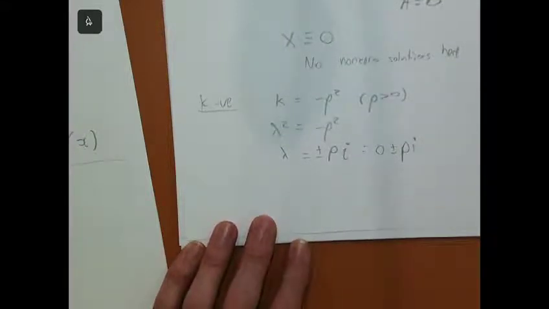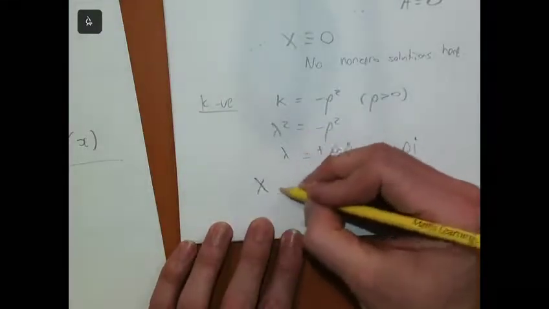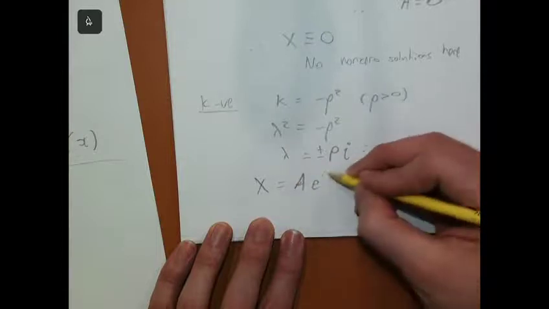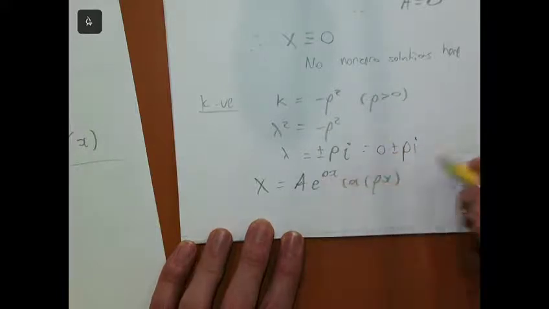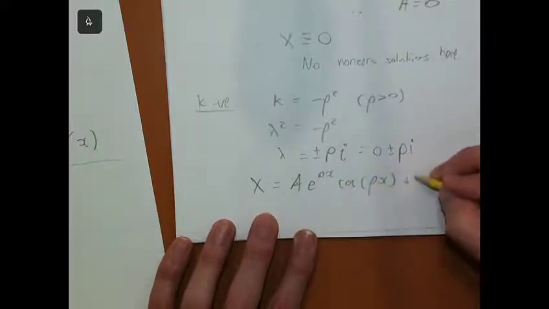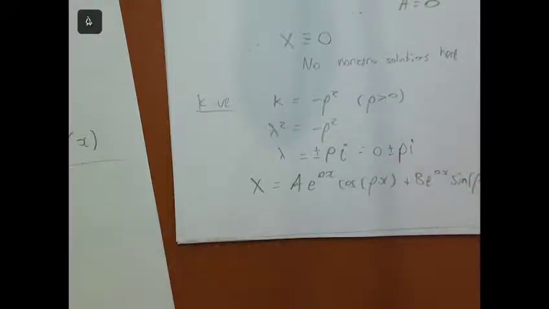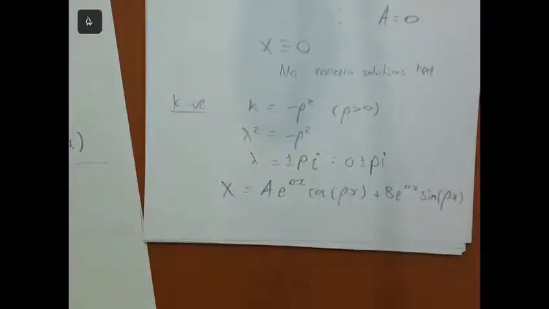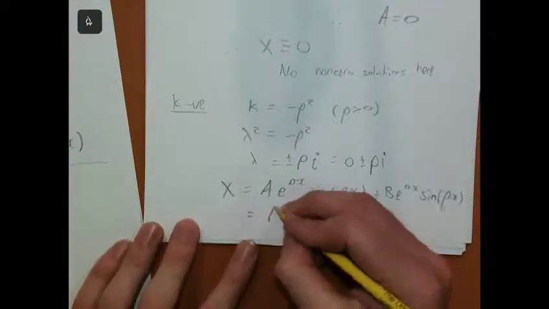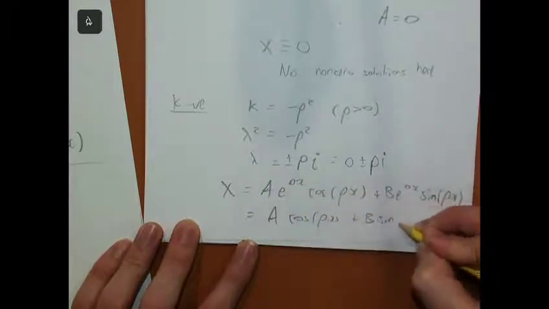It looks like a p, but I'm feeling like using Greek letters today. So that means that my x is going to be something e to the 0x cos rho x, because the real part goes with the e and the imaginary part goes with the cos. You may not need to put the e to the 0x in. I personally need to, because it matches with what I do in Maths 1B. So that's just a cos rho x and b sin rho x.